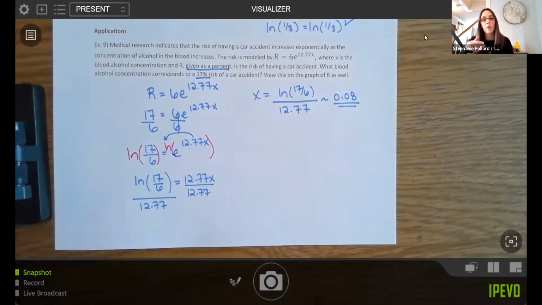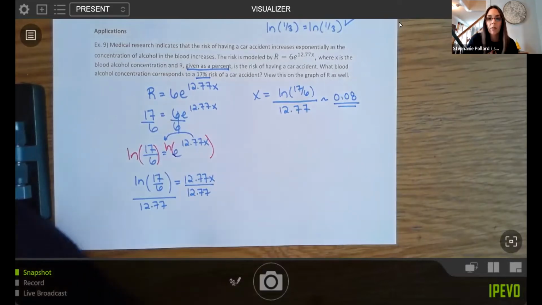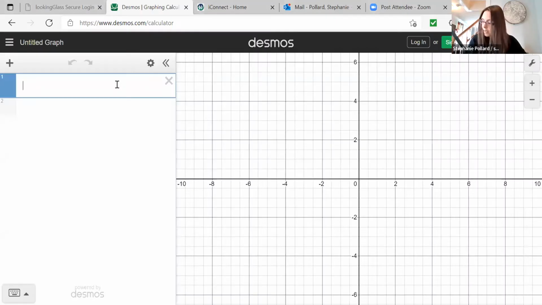Now, this does say to also view it on a graph. So I'm going to stop sharing for a second, and I'm going to share with you guys Desmos, because it's always good to graph these. So I'm going to go ahead and type it in.